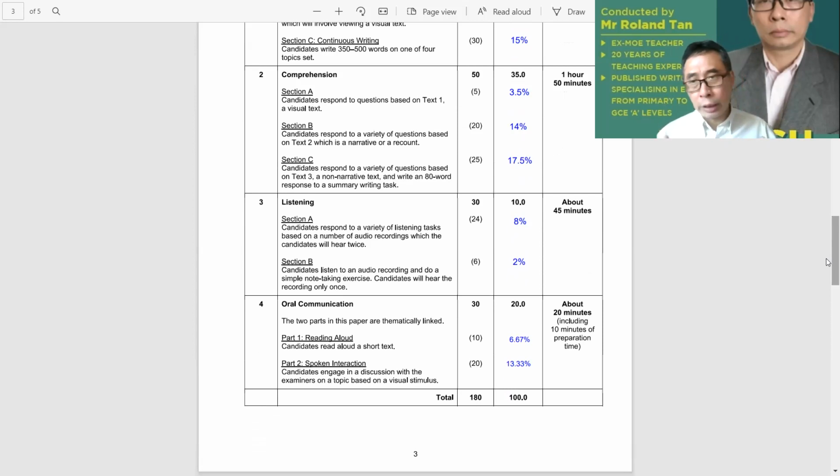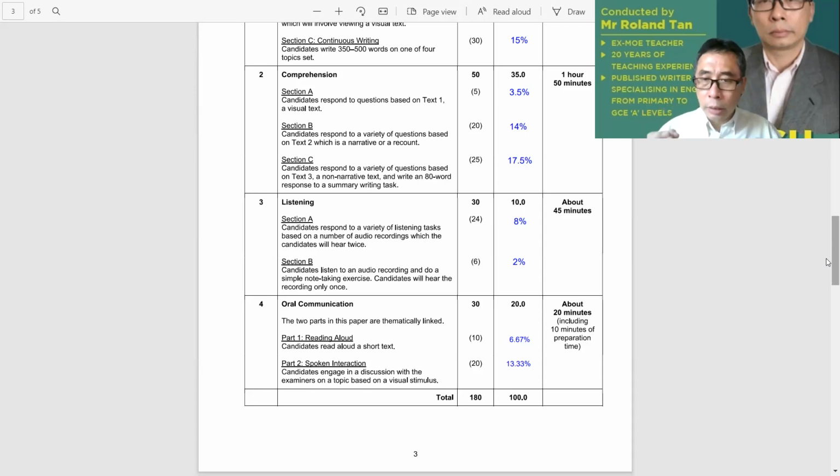In fact, I would say that the average student should be able to get at least about 16%. And if you put in the extra effort and give yourself a little push, you might be able to achieve 18%.